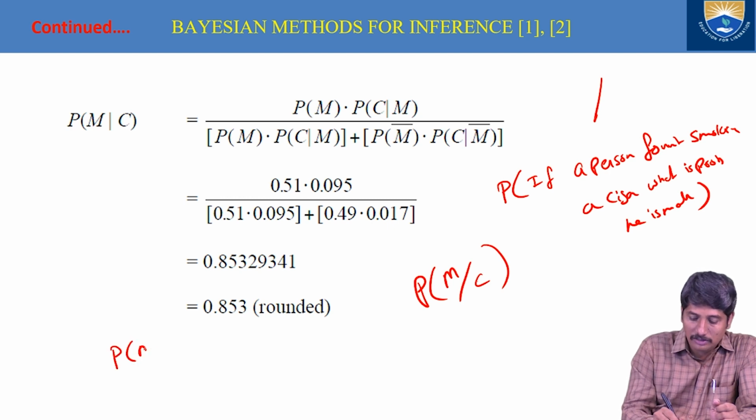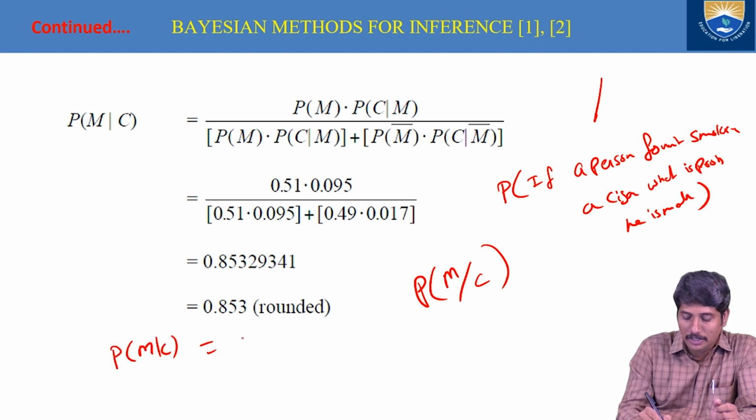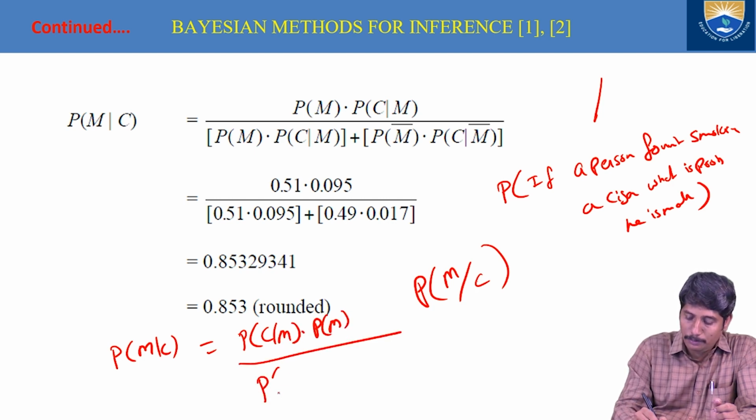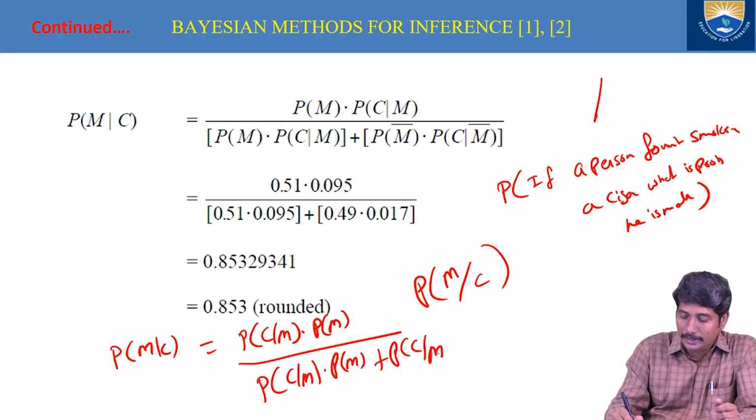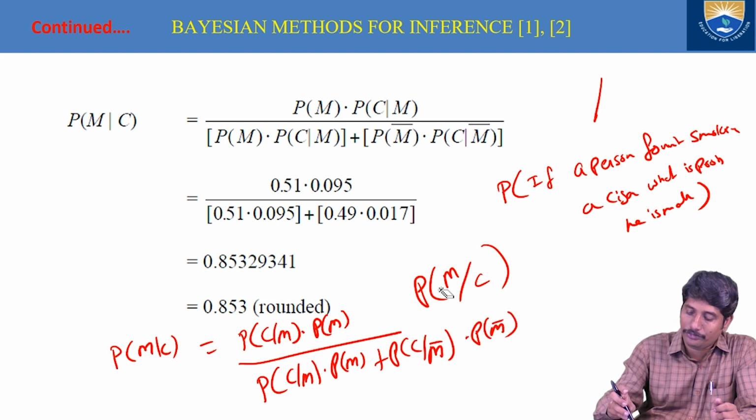According to Bayes law, P of M given C will be P of C given M into P of M, divided by P of C given M into P of M plus P of C given M bar into P of M bar.